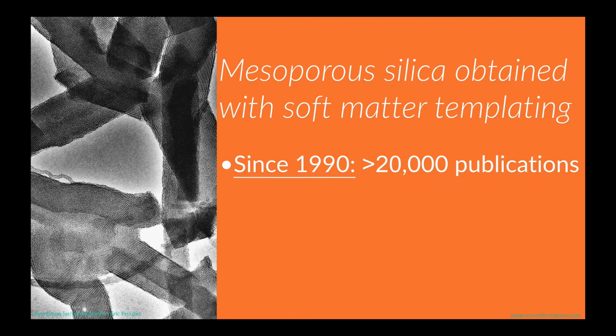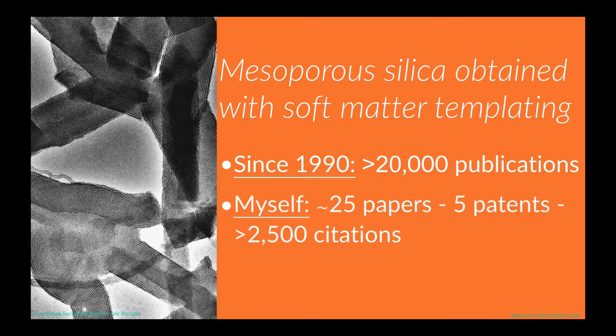Myself, I've been working for many years in this domain, and overall we have published like 25 papers. We had 5 patents, and these publications have been cited more than 2,500 times. This is a domain that I have been working in for many years, which I know quite well.